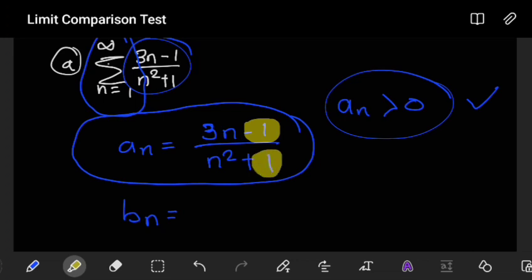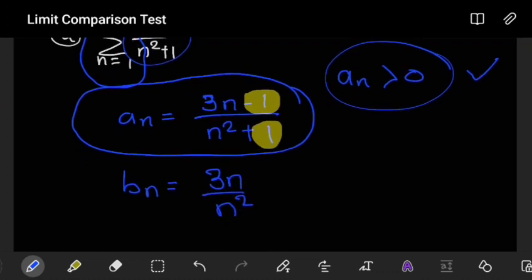From a very big number, when you subtract 1, you'll still have a big number. And from a big number, when you add 1, you will still have a big number. So the differences there will be very, very small. Because of that, our bn will be selected such that it's just 3n divided by n squared. And of course, we see that this can be reduced so that we end up with 3 over n.